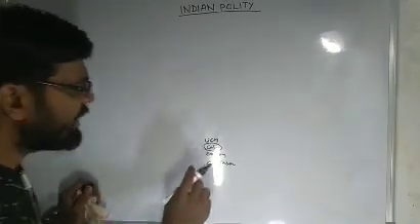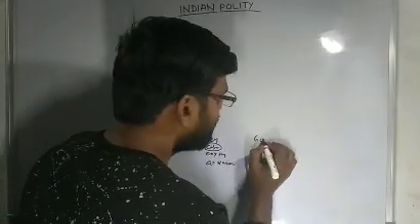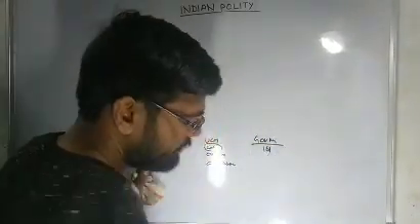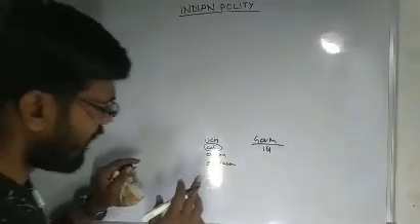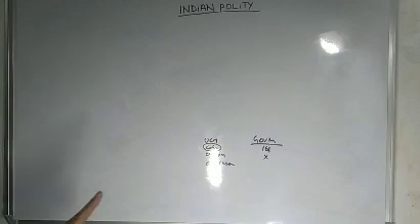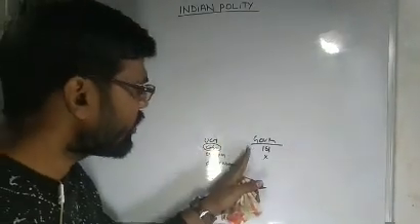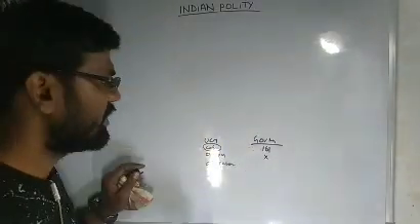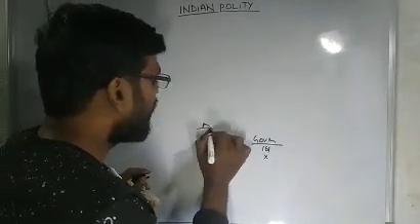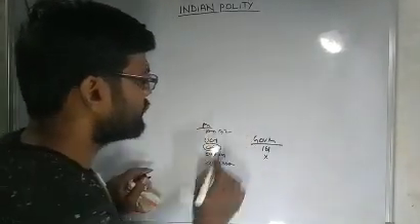The pardon power is also exercised by the governor under Article 161, but not the death pardon. Very important. The pardon is exercised by the governor also, but not the death pardon. The death pardon is exercised by the president under Article 72.